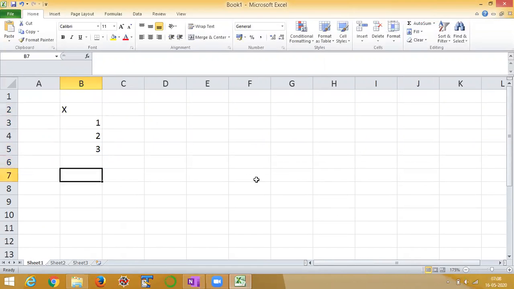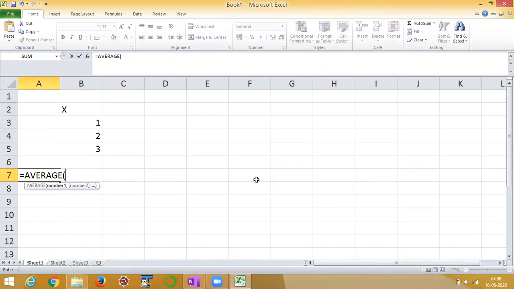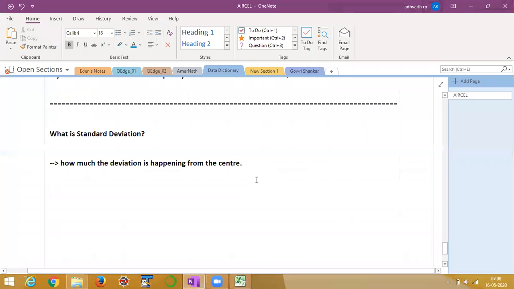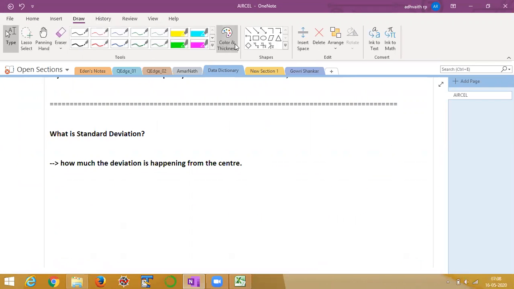So what is the average for these values? Average, that means your mean. This is your average. If I draw these data points here, how does this look like?